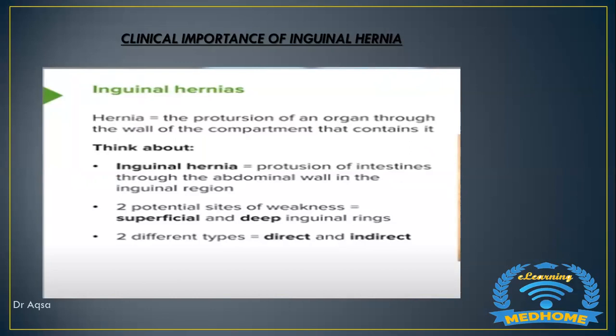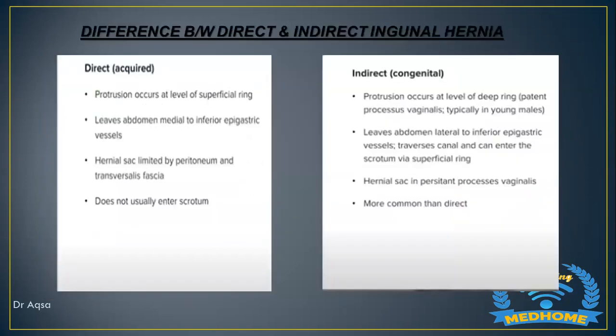Can anyone recall the difference between direct and indirect inguinal hernia? Okay, I'm going to tell you, and then anyone can repeat it for me. Direct inguinal hernia is acquired during the lifetime, while indirect inguinal hernia is congenital.